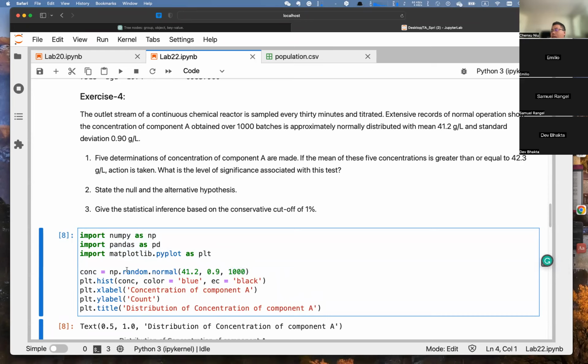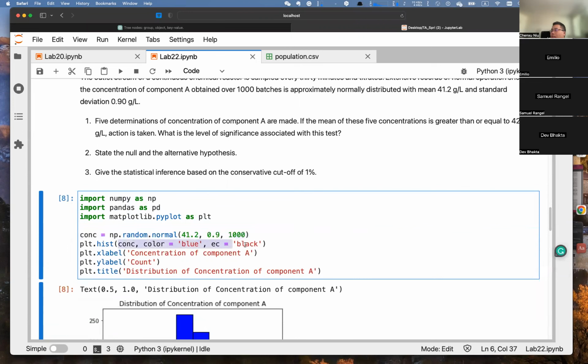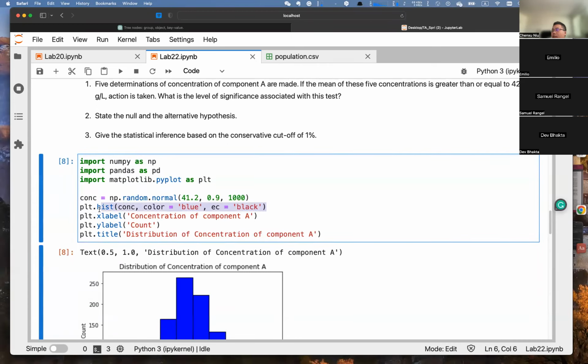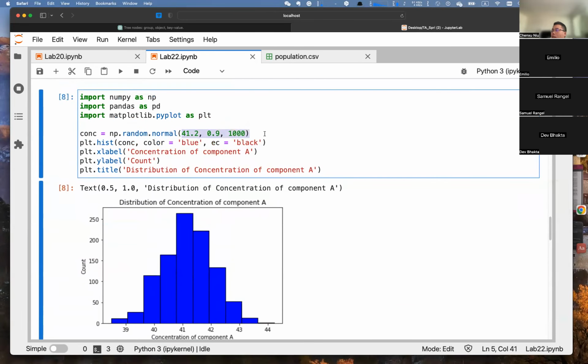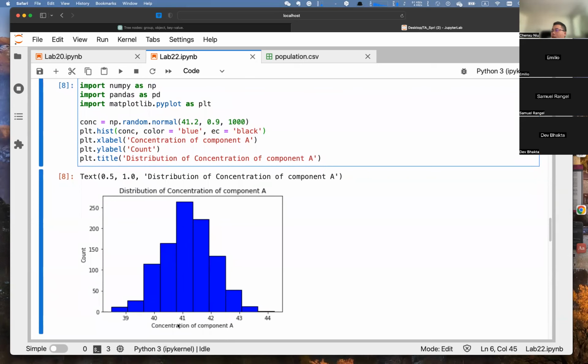So this one is used to generate a normal distribution, right? And next one is use data to draw up histograms, set X label, Y label, and title. Not necessary, right? But here is histograms. So you see here, normal distribution and the mean value, right? 41.2 and the standard deviation.